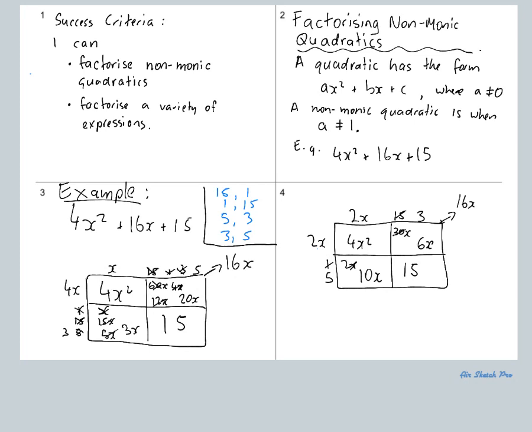So we finally found a pair of values in those other diagonals which will add up to give me 16x. And so I can conclude that 4x squared plus 16x plus 15 is equal to 2x plus 3 times 2x plus 5. 2x plus 3 and 2x plus 5, just reading across and down.